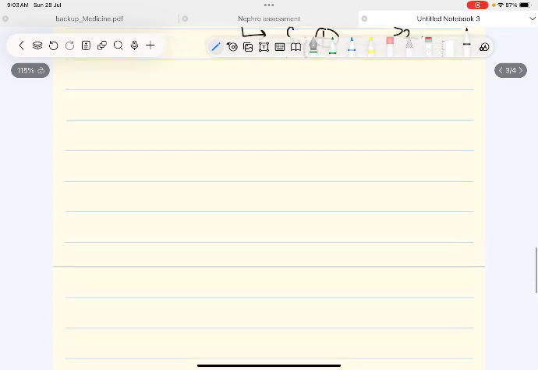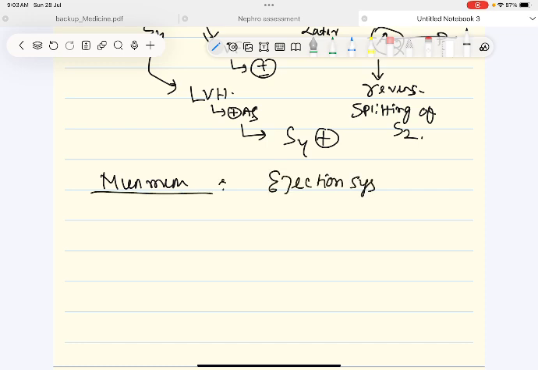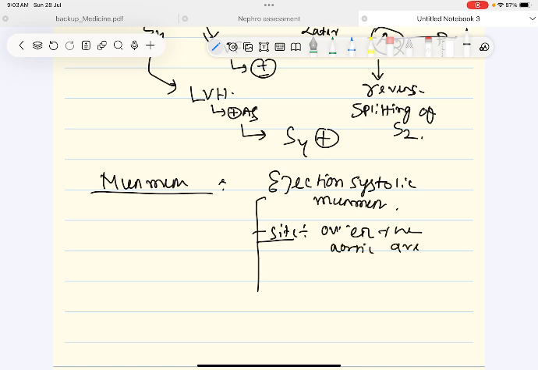And regarding the murmur, it is always an ejection systolic murmur, and it is situated over the aortic area.